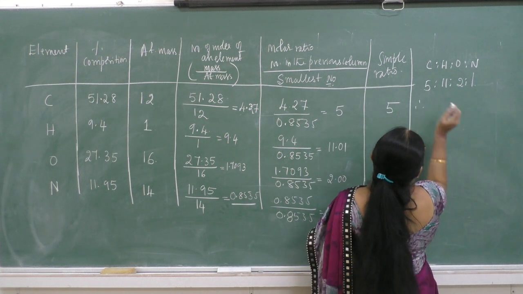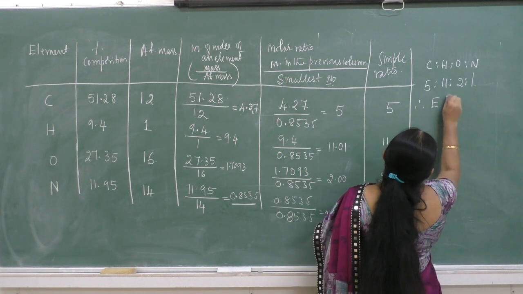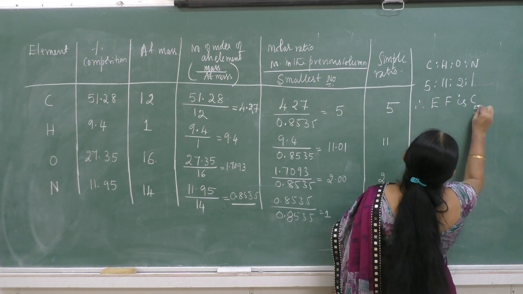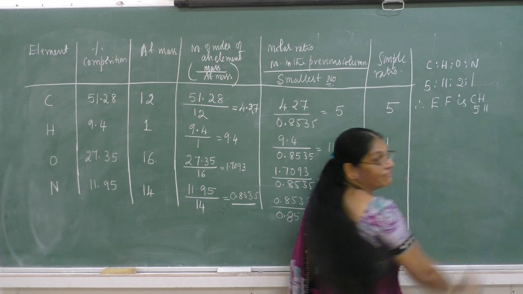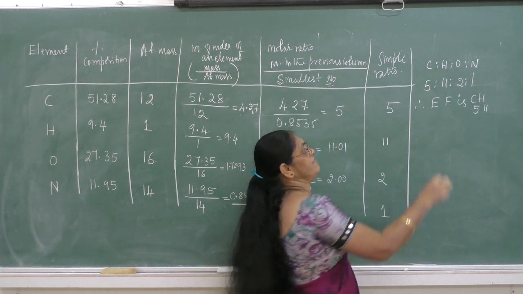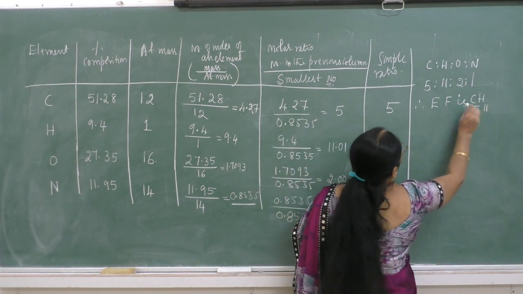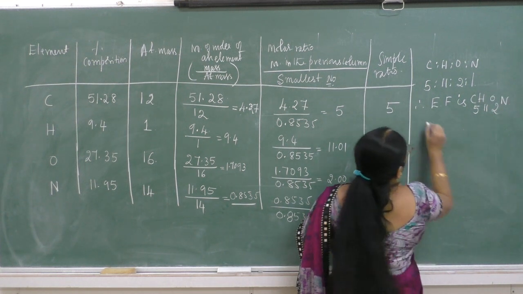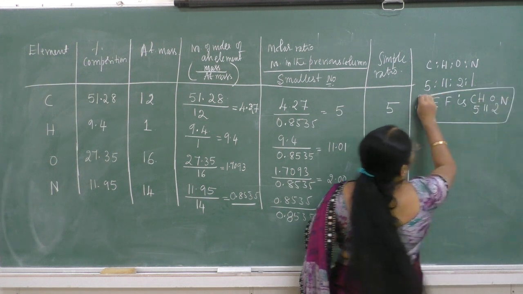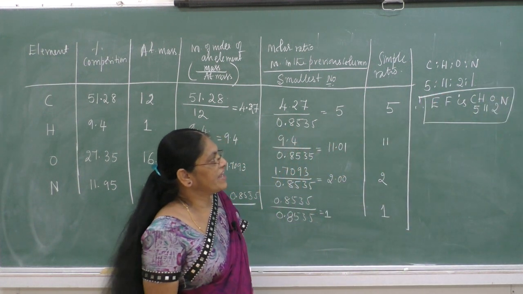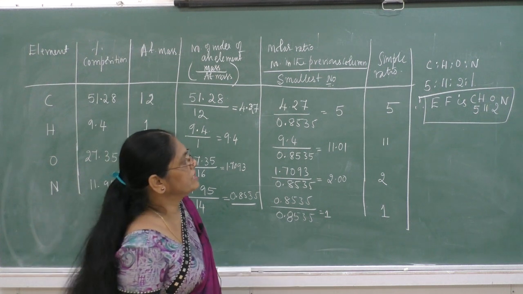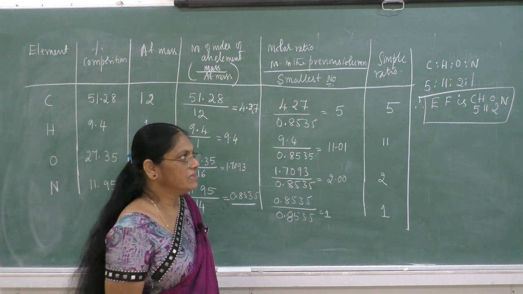Therefore the empirical formula is C5H11O2N. So this is the empirical formula, C5H11O2N.